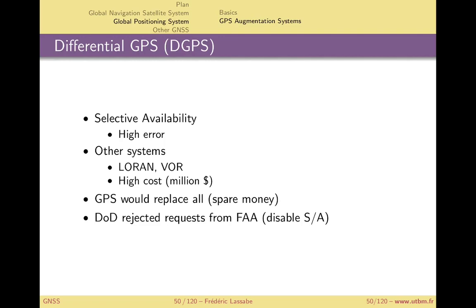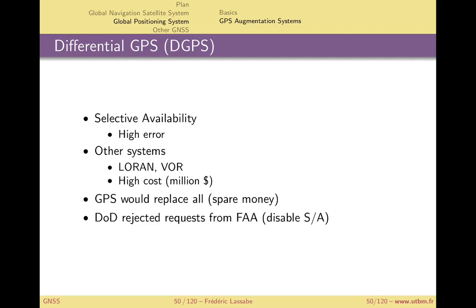Some administrations, even in the USA, would have liked to replace every other system which is expensive by the GPS, which is not expensive. The more you use it, the less expensive it is if you relate it to only one device.